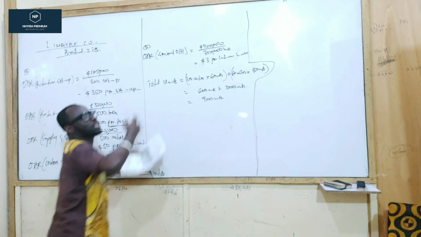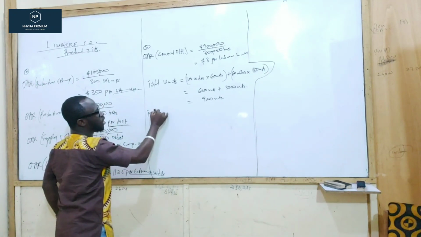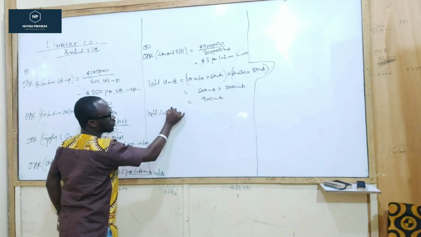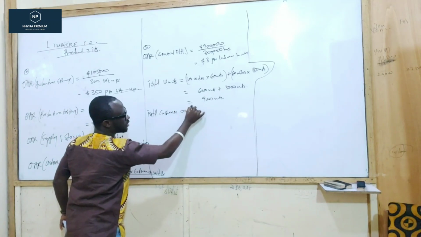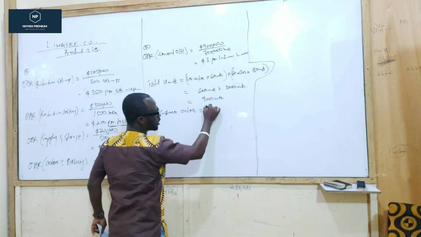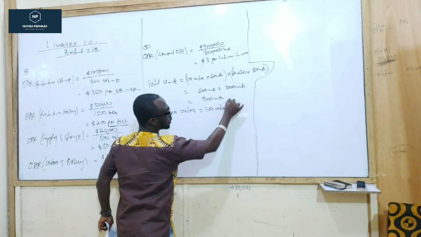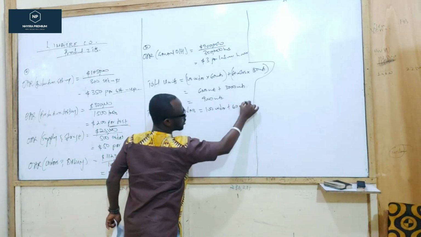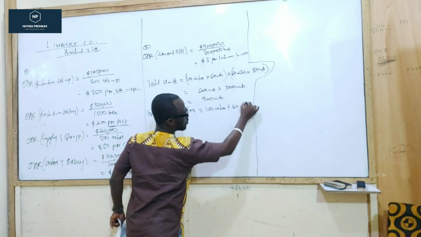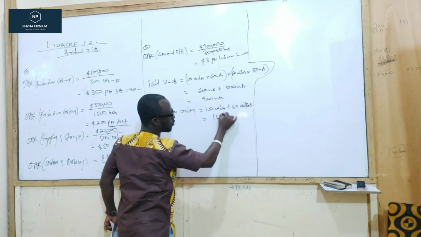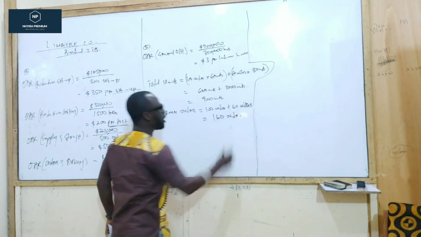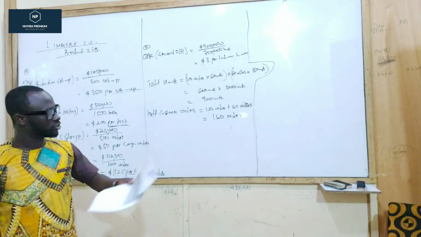So what is the total number of customer orders they're going to have during the year? 100 orders plus 60 orders, and that's going to be 160 orders.